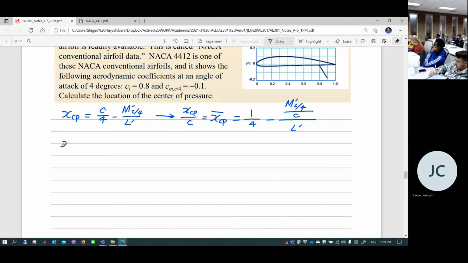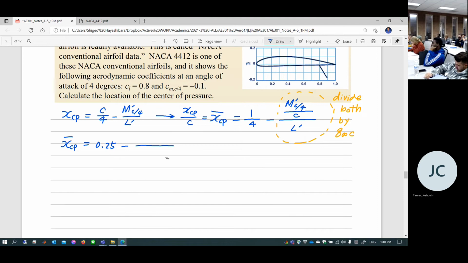So continuing, XCP bar is 0.25 minus... let's do something here. Any idea? Divide both the denominator and numerator by Q infinity C. Let's try.